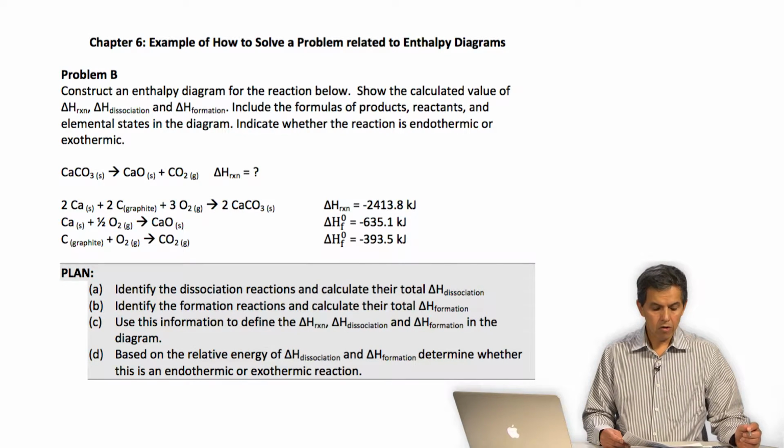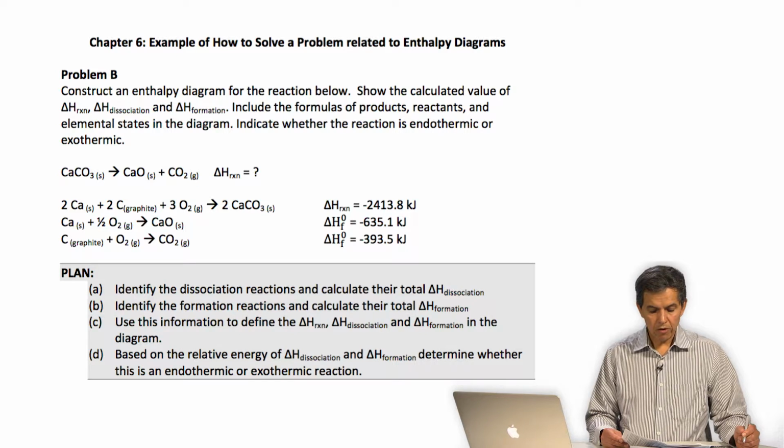In order to make this drawing, we want to identify dissociation reactions and calculate their total delta H, or delta H of dissociation. Next, we will need to identify the formation reactions and calculate their total delta H, or delta H formation.